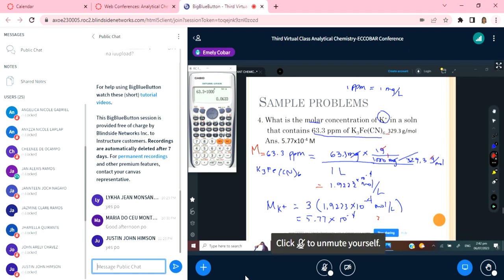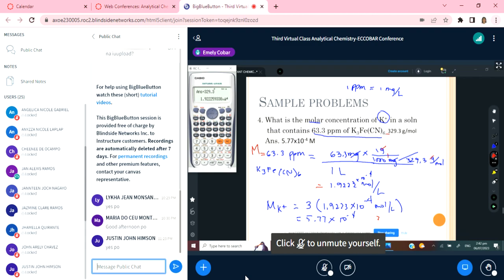Then, I will divide it by the molar mass of the solute para ma-convert ko siya into moles. So, divided by 329.3. Okay? So, I'll have 1.9222 times 10 raised to the negative 4 moles.